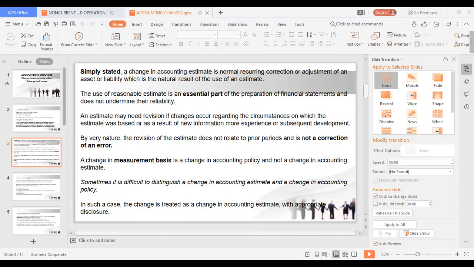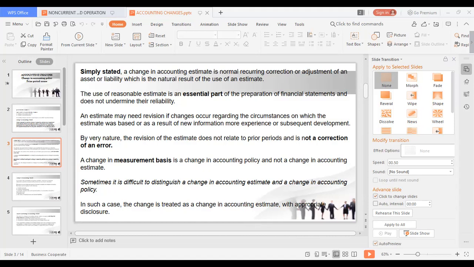How about retained earnings on December 31, 2020? Retained earnings beginning is 1.4 million, add net income of 700,000, then deduct the prior period error of 650,000, and dividends declared.